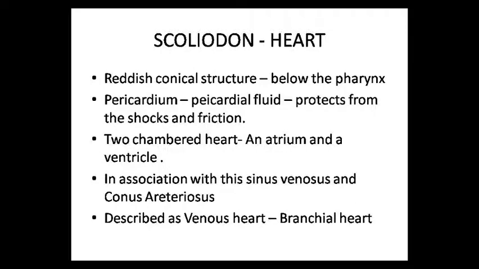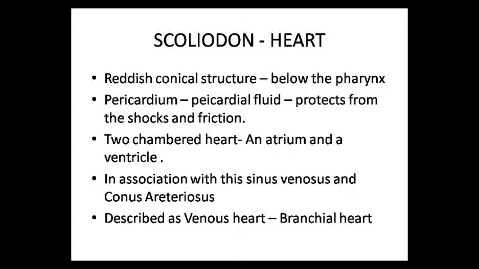Because the heart always supplies the blood to the gills, which are the respiratory organs in fishes. But in other higher animals, the heart supplies the blood to the body parts. Here, the heart always supplies the blood to the gills only. Hence, it is also represented as a branchial heart.